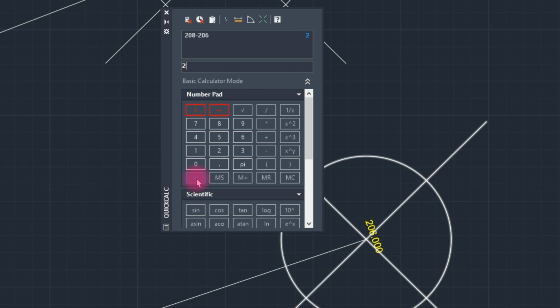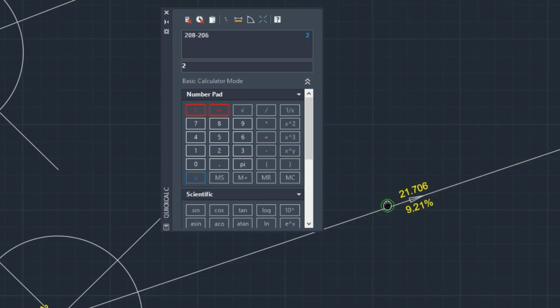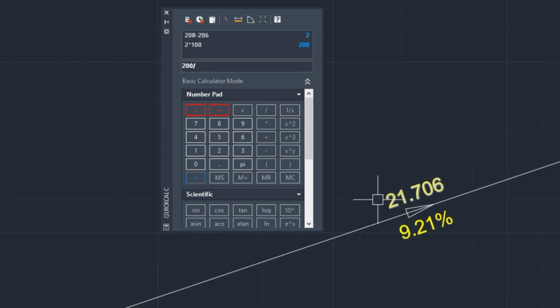We subtract that, with a 2 feet difference, and multiply by 100, which gives 200, and divide by the distance 21.706, and type equal.